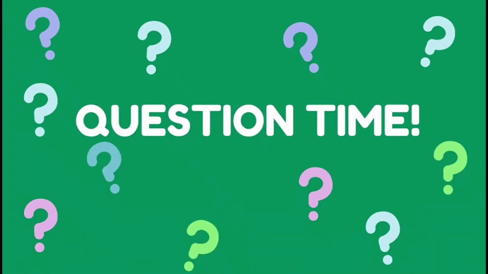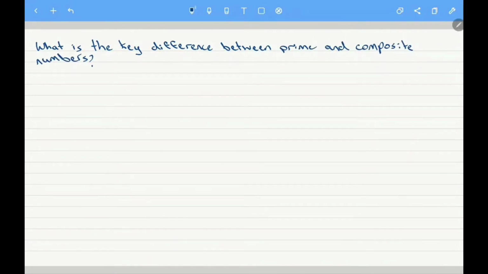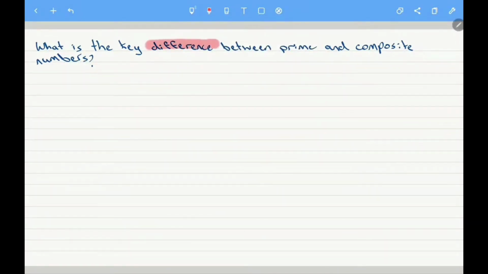Question time. What is the key difference between a prime and a composite number? So there are some keywords we need to pay attention to, and they are difference, prime, composite numbers.